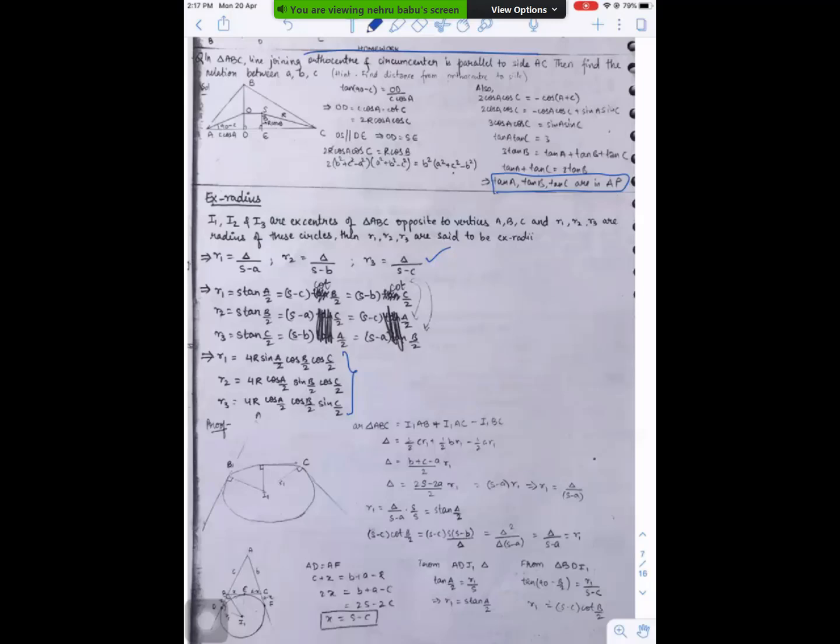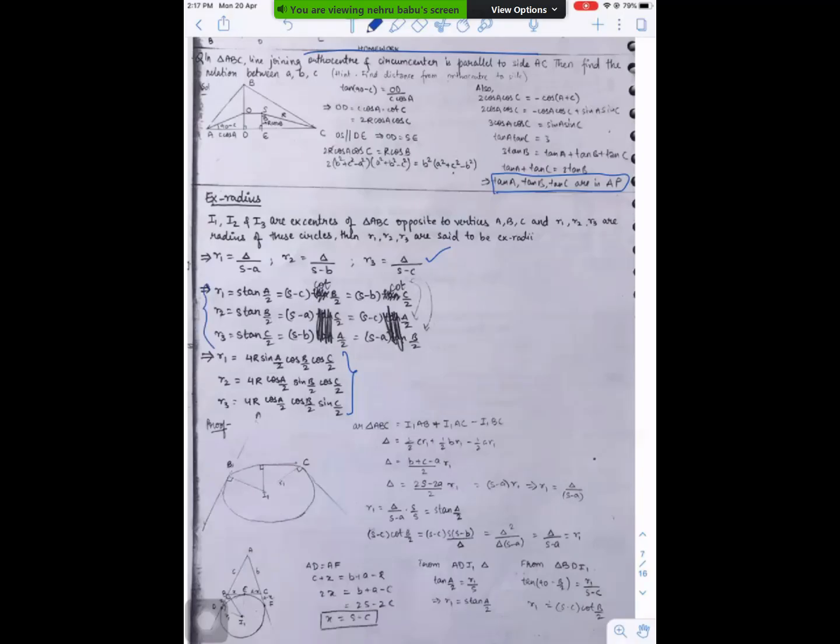R2 equal to 4R cos A by 2, sin B by 2, cos C by 2. R3 equal to 4R cos A by 2, cos B by 2, sin C by 2. From these formulas only you can say R1 equal to s tan A by 2, R2 equal to s tan B by 2, R3 equal to s tan C by 2. This result is also very important here.